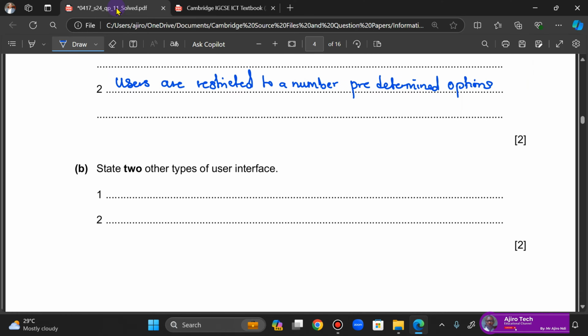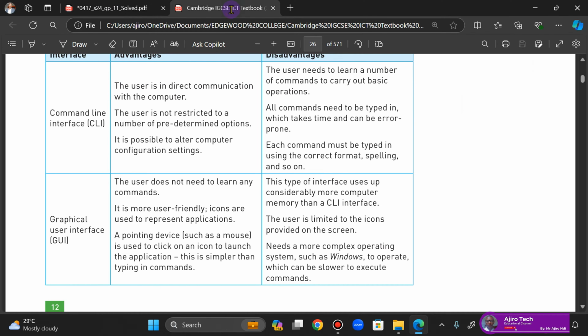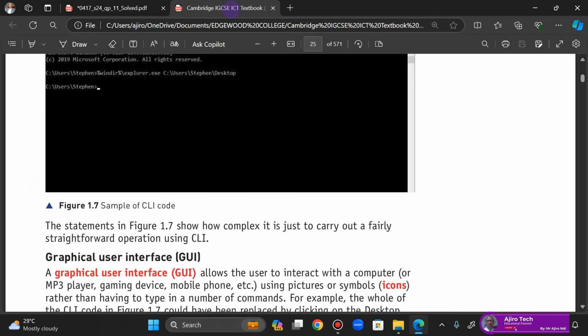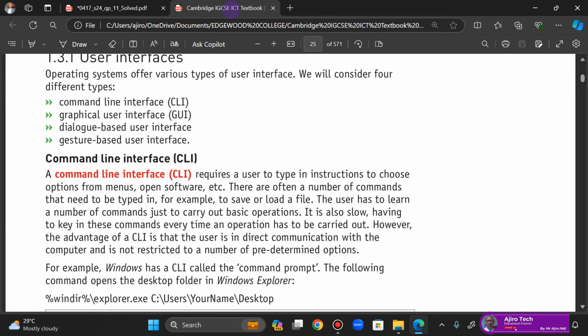State two other types of user interfaces. We talked about them, so I'm just going to show you so you see it by yourself. You can pick any one here.